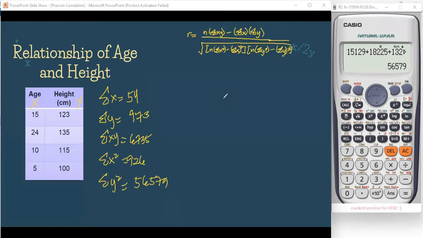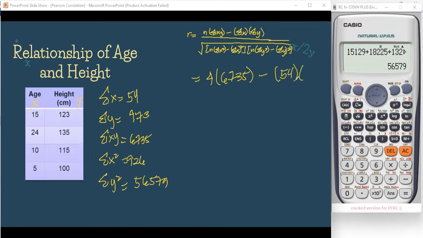Now let's substitute. So n po is 4 because there were 4 people surveyed. So dito po, ang isang tao daw po na 15 years old, ang height niya po is 123. So we have here 4 times what is our summation of xy? That is 6,735. Minus what is our summation of x? That is 54.